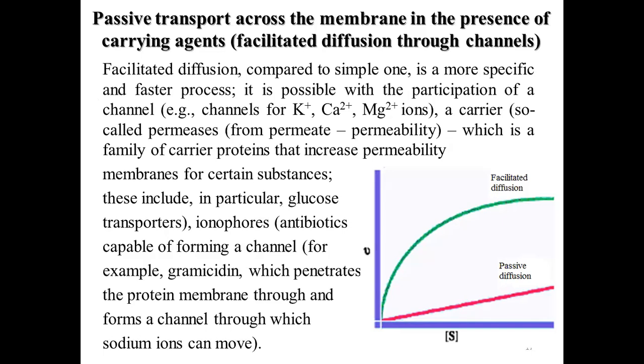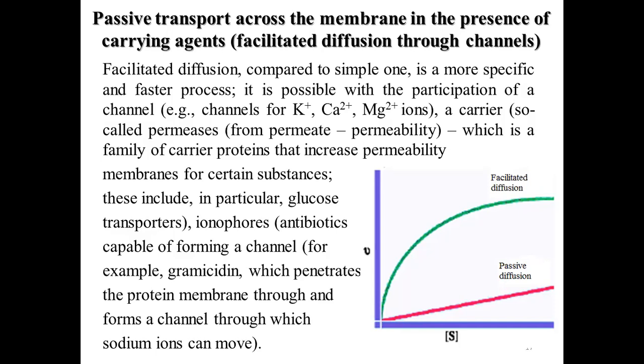Then, another type of passive transport across the membrane is in the presence of carrying agents, or facilitated diffusion through the channel. Compared to simple diffusion, facilitated diffusion is a more specific and faster process, and it is possible with the participation of a channel, for example, a channel for potassium, calcium, or magnesium, or a carrier, the so-called permeases, a family of carrier proteins that increase membrane permeability for certain substances.